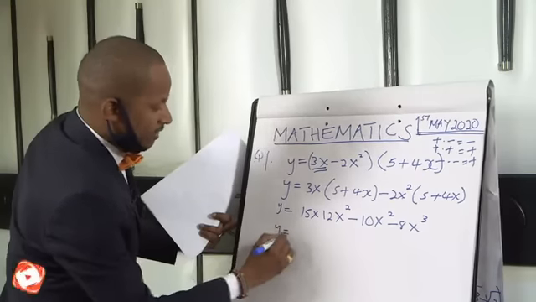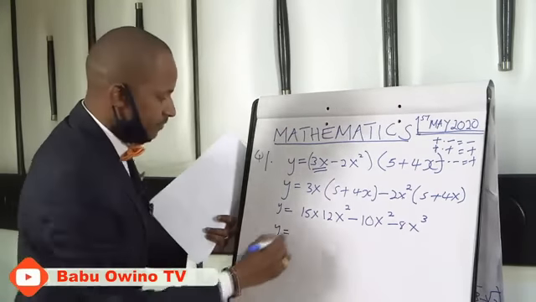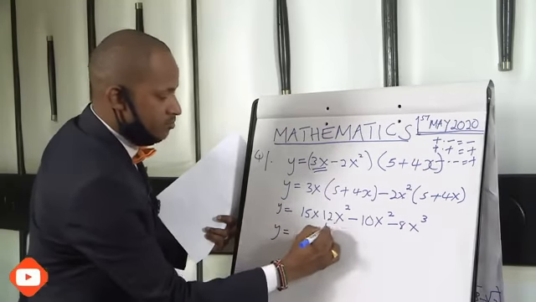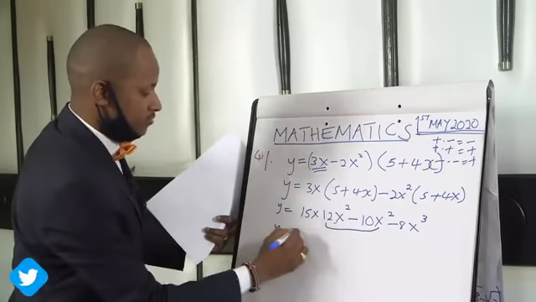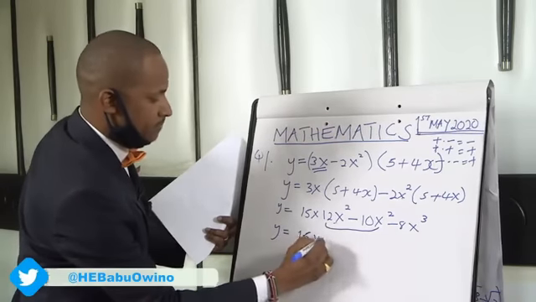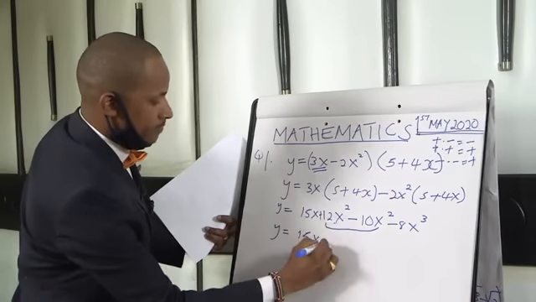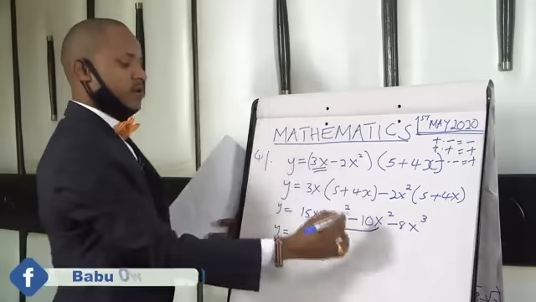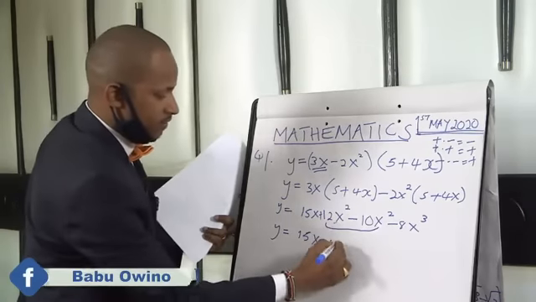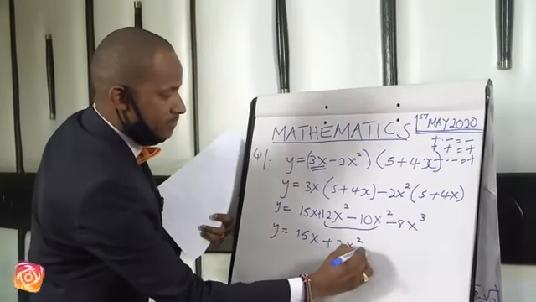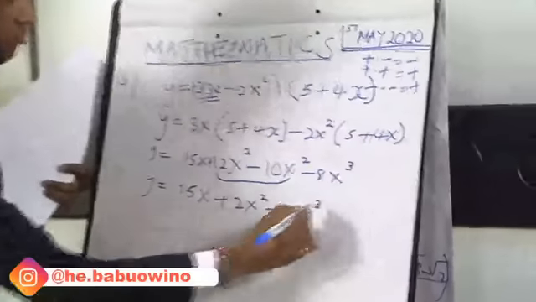Now, our y becomes, you simplify further by collecting the like terms. So we have 15x plus 12x squared minus 10x squared is 2x squared, minus 8x cubed.